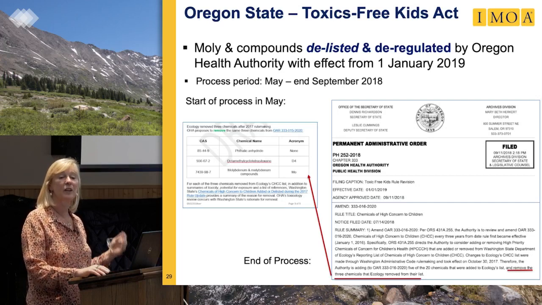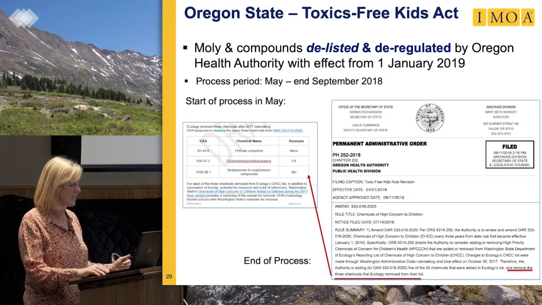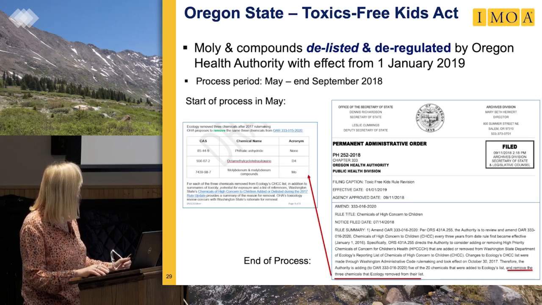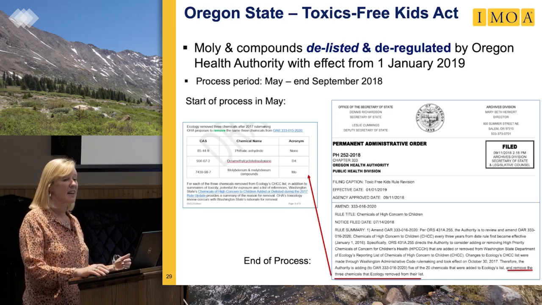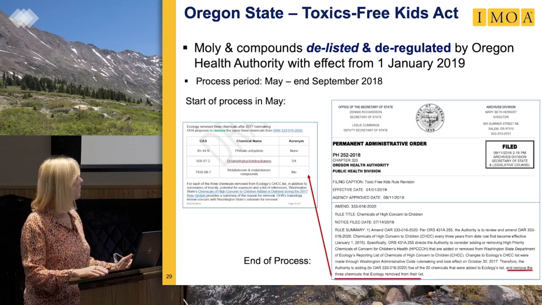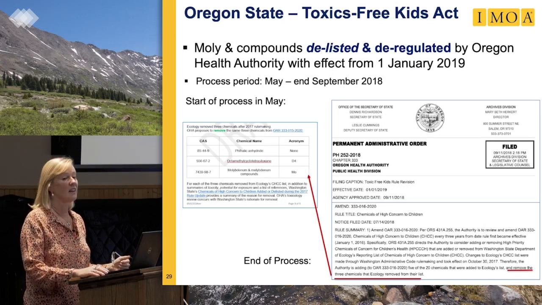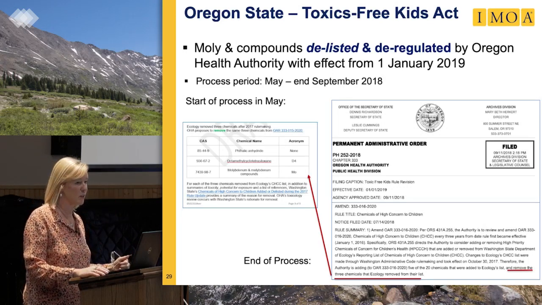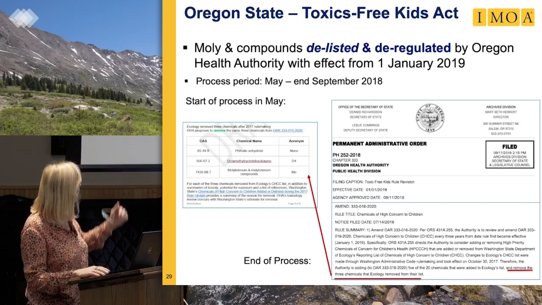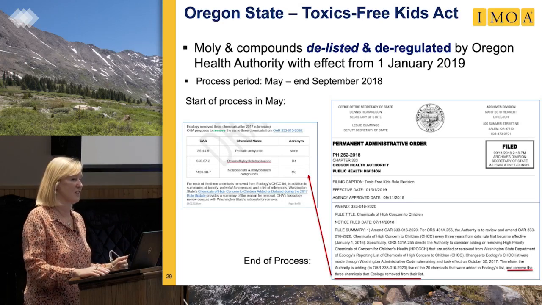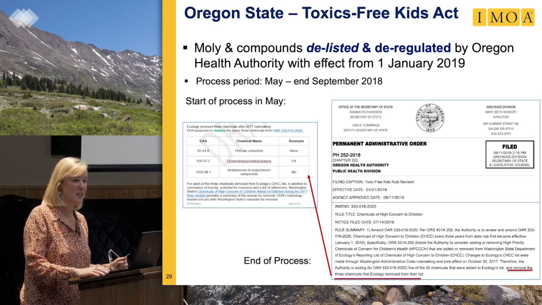It was a quicker process than in Washington State. And here again, after they had reviewed the molybdate data set that we provided, at the end of the process, the outcome was deregulation of molybdenum and compounds. And that's just a shot of the permanent administrative order, so you can see the paperwork.